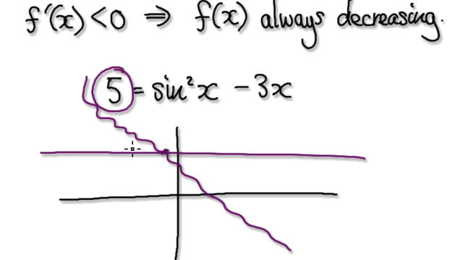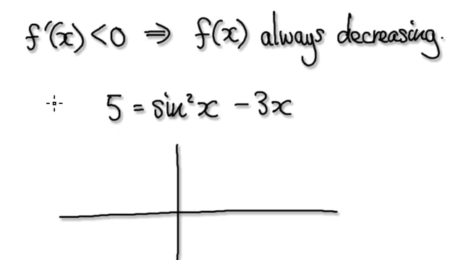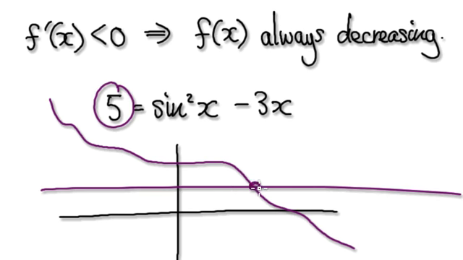So there can only be one solution. If the original function is always decreasing, and let's say y equals 5 is somewhere around here, then you can only have one solution. So here you can see that there's only one solution.